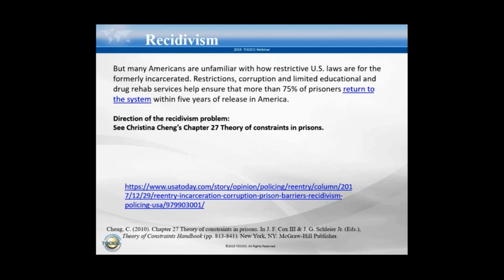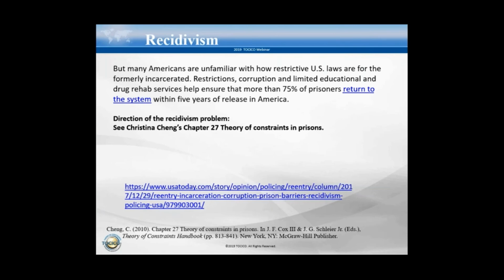I think anyone interested in powerful solutions ought to read Christina Chen's chapter 27, TOC in prisons. Her discussion of getting prisoners to buy into the use of logic is extraordinary.